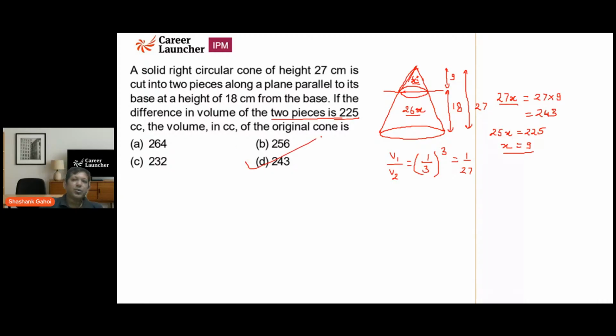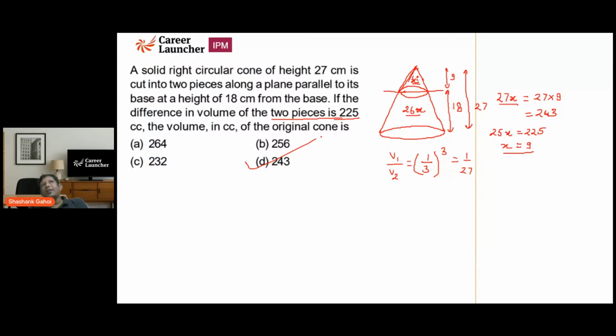So this is how you can calculate this question if you understand how similarity works. In similarity, all the linear ratios are equal. In triangles, linear ratio means the ratio of sides is equal, the ratio of height is equal, the ratio of perimeter is equal.